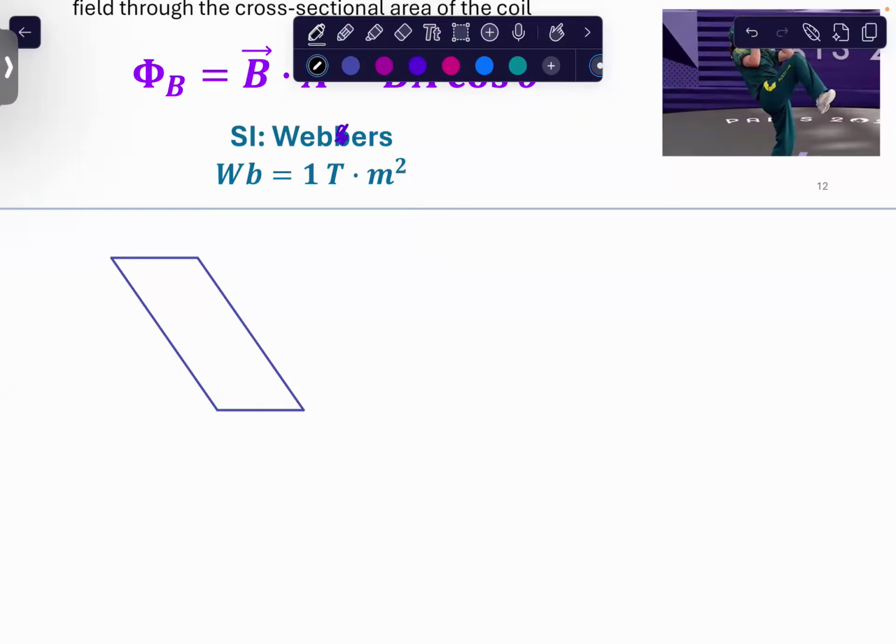I'm not going to give you the easy, perpendicular situation. What do you think this is?